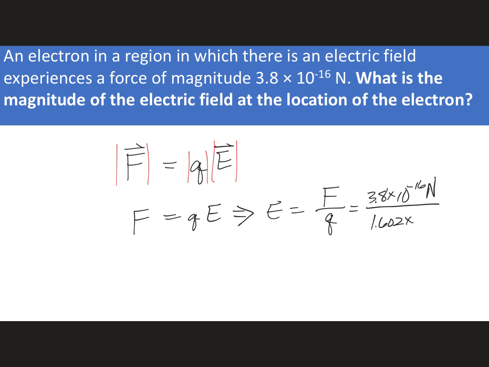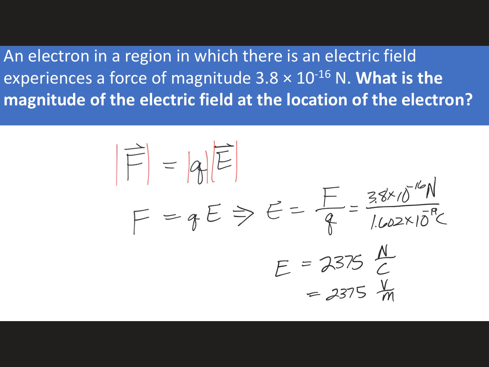And as we learned Monday, it has no constituent parts. Protons and neutrons do, and as far as we know, electrons do not. And so the magnitude of this electric field, simple calculation, you end up getting 2375 newtons per coulomb, which, by the way, is the same as 2375 volts per meter.